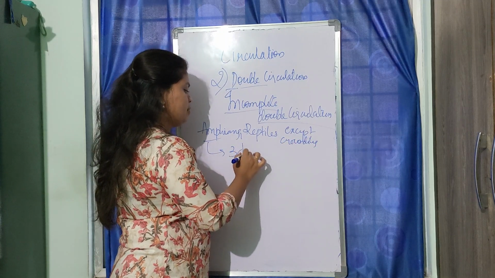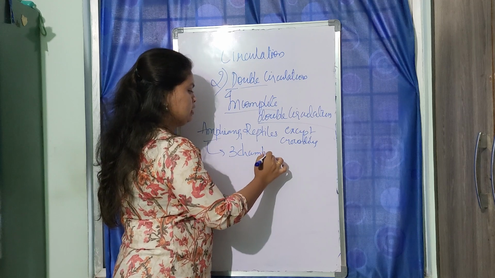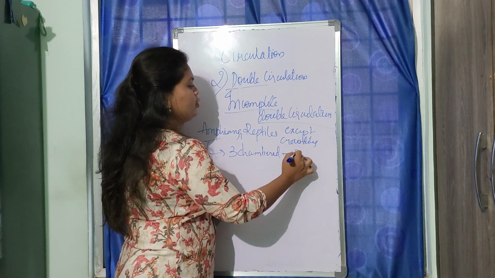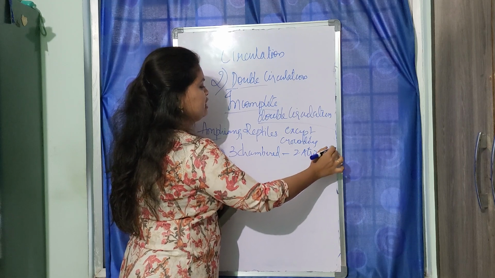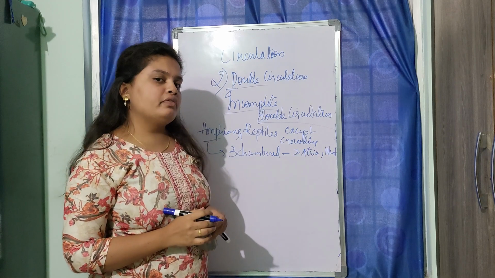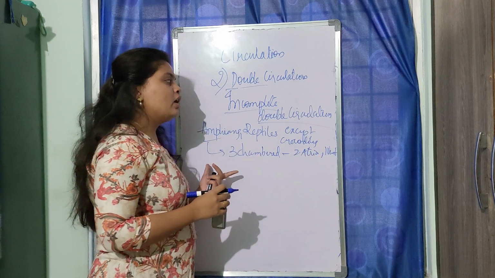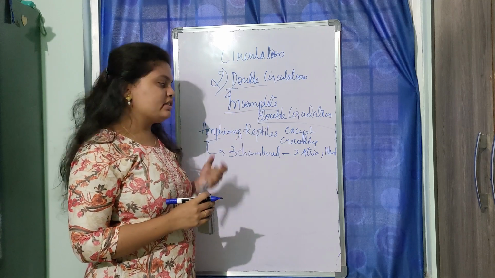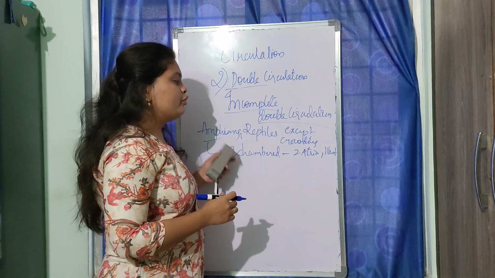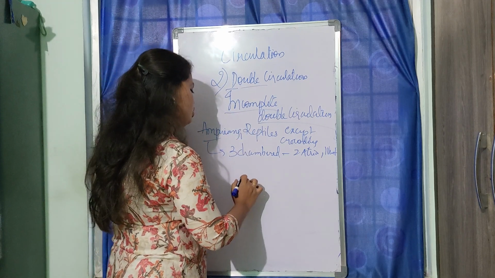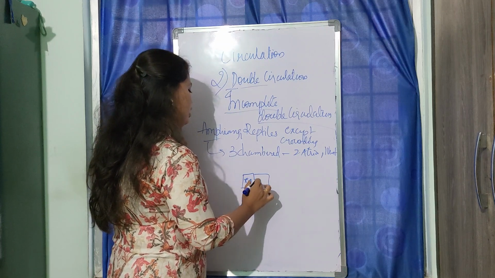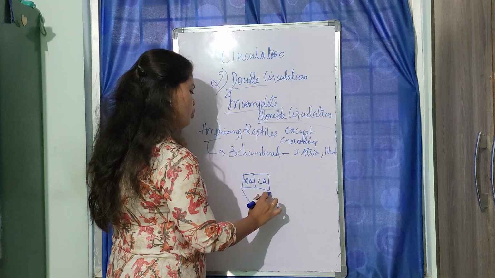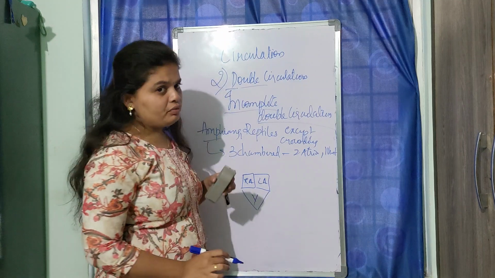They have a 3-chambered heart. 2 atria and 1 ventricle. So let us study how this circulation happens in an amphibian heart, that is a frog heart. So as you know, this is the 2 atria, right atria and left atria, and they have a 1 ventricle.